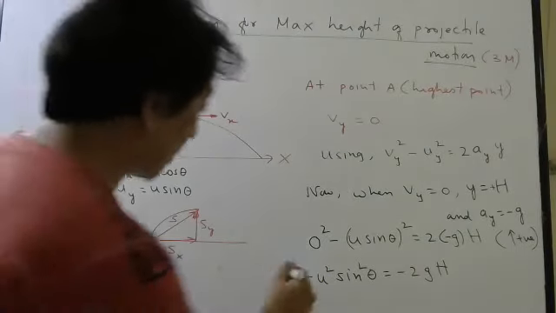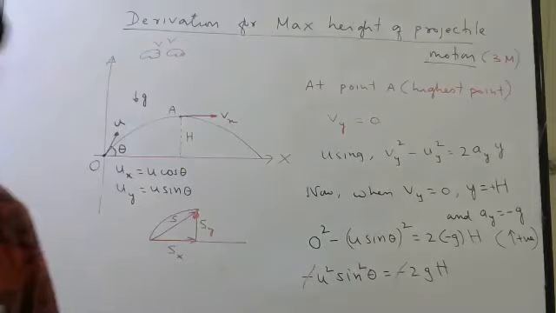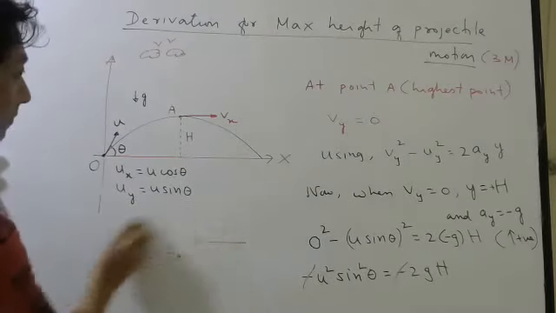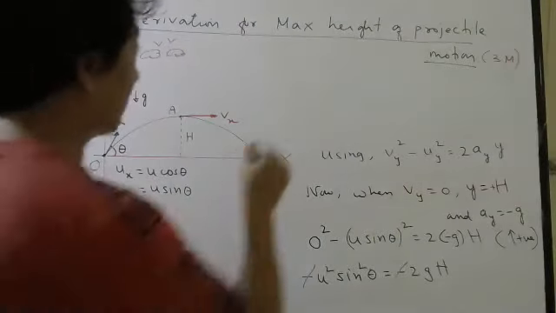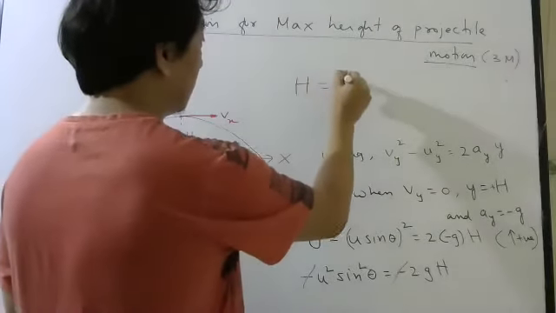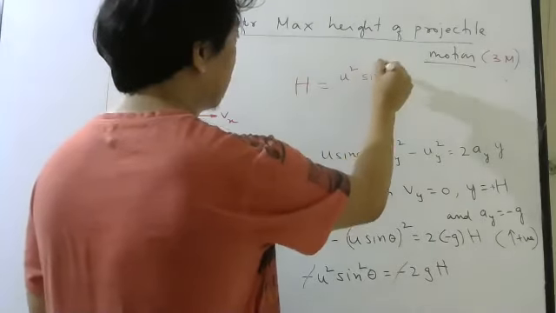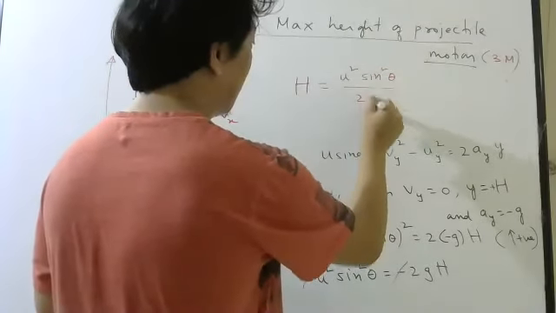What happens to the minus sign? It gets cancelled. So what will be the formula for maximum height? u square sine square theta by 2g.